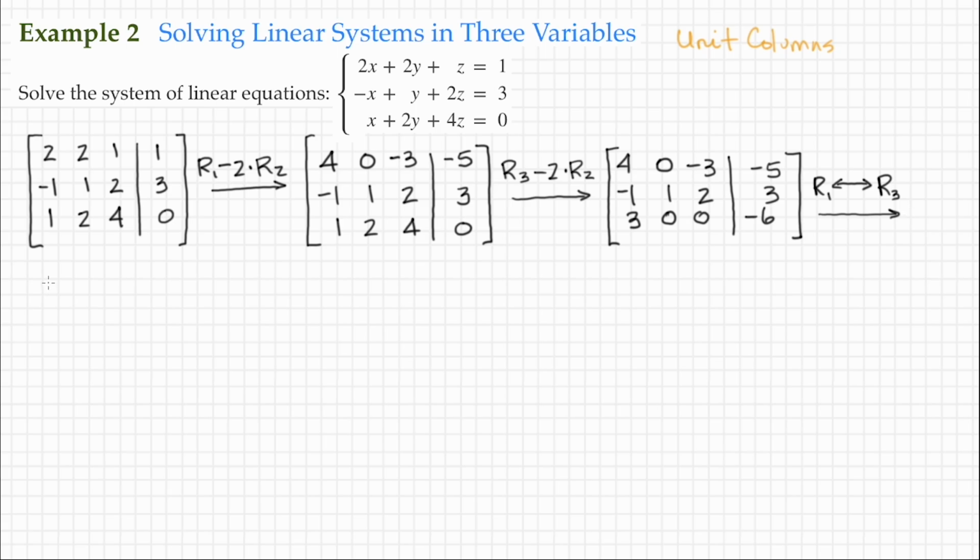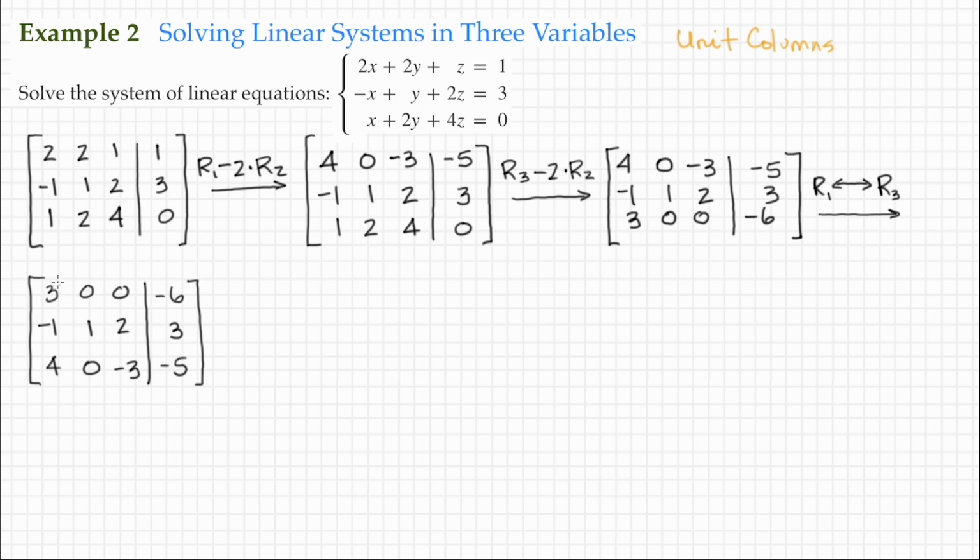And then the result will be, we'll have 3, 0, 0. Our vertical line, -6. Close off our bracket. -1, 1, 2, 3, and then 4, 0, -3, and -5.